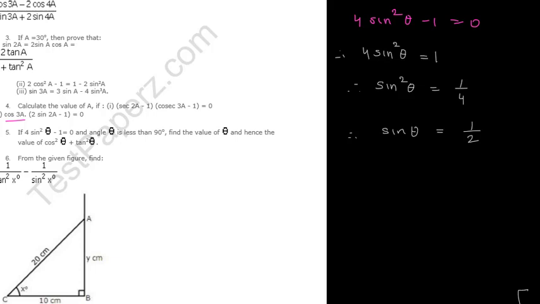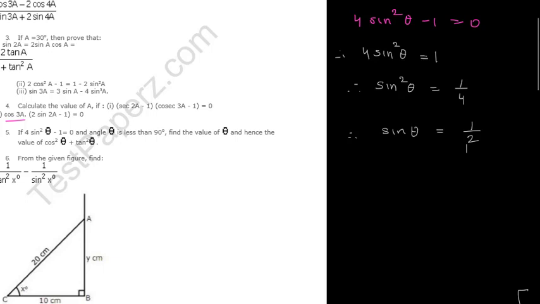Now I have taken only the positive square root, I haven't taken the negative square root. The reason is that theta is an acute angle. Theta is less than 90 degree. So when your angle is less than 90 degree, all the ratios are positive. You will study negative ratios also, but in your higher classes. So here sin theta is equal to half.